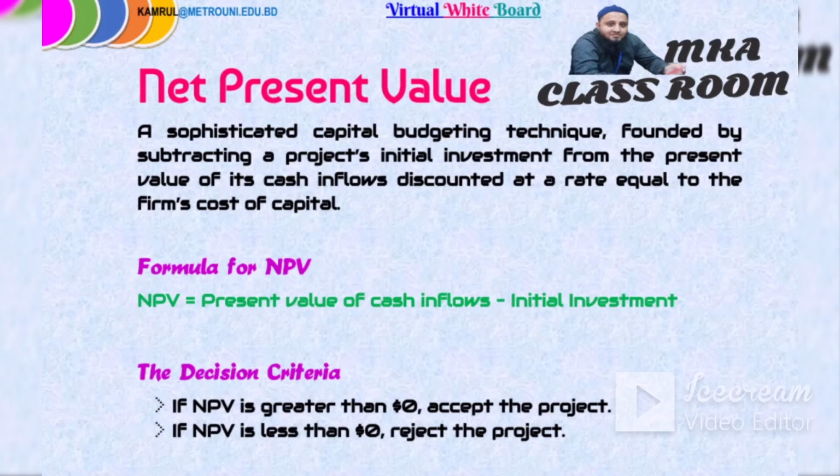So you have to calculate the present value first, then subtract its cost, then you can get net present value.